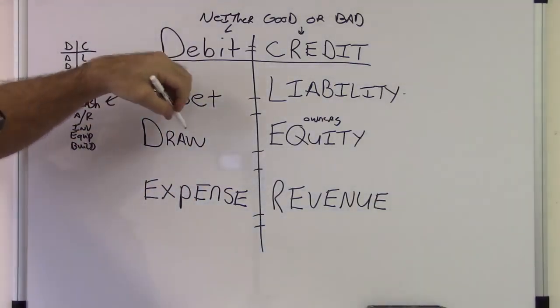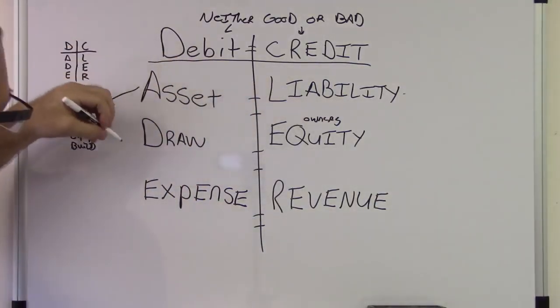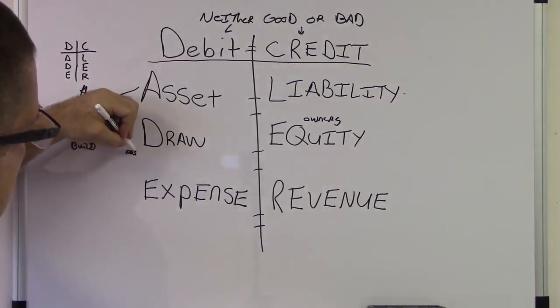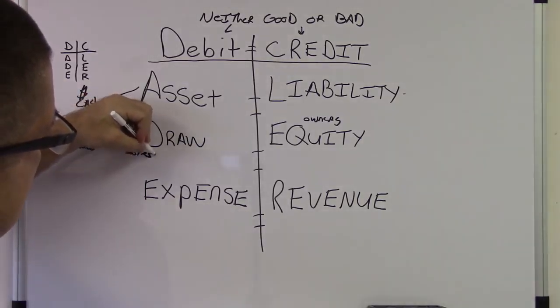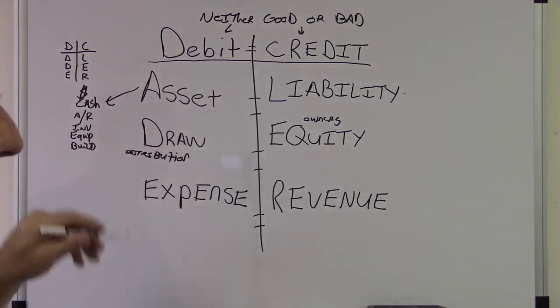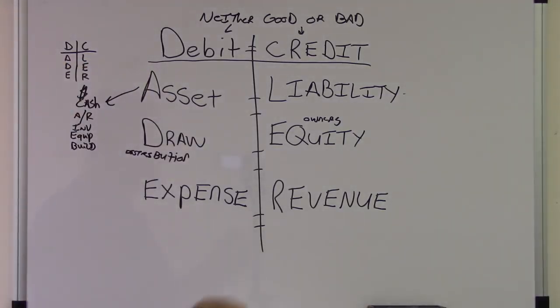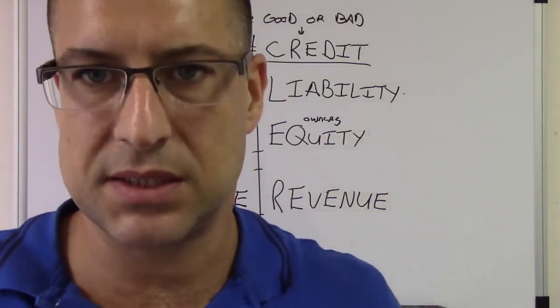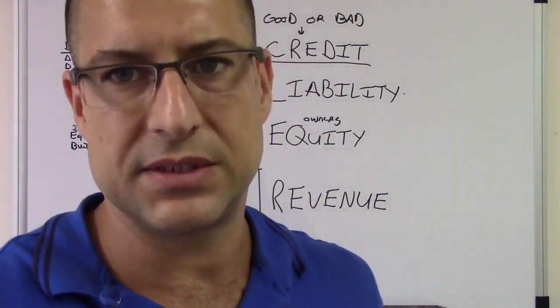And it's almost the other side of equity. So distribution is the draw. An expense is something you spend in the hopes of making some money for your business.